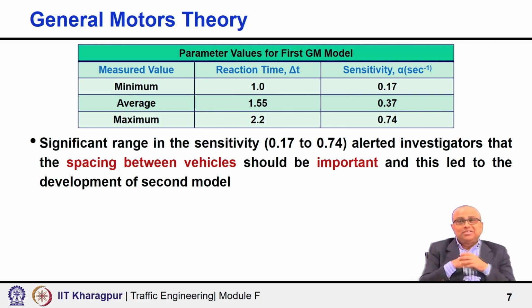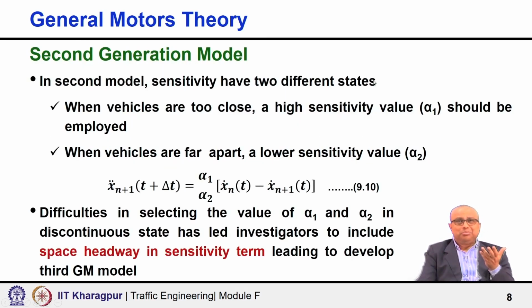So, instead of one value, they suggested let us have two values, alpha 1 and alpha 2. That is basically the second model. So, two values of sensitivity were suggested. That is the second generation model.